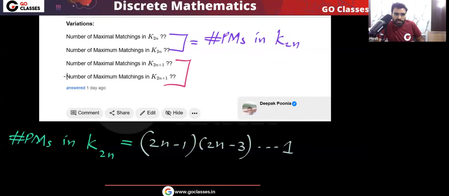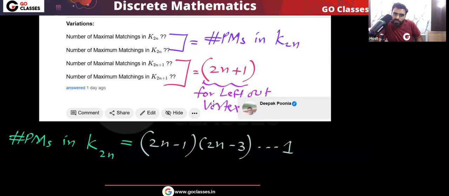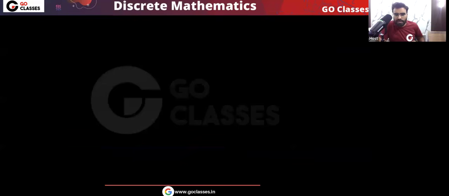Number of maximal matchings in K2n+1, number of maximum matchings in K2n+1, that will be equal to 2n+1 for the left out vertex, this is the left out vertex, right? Multiplied by the number of perfect matchings in K2n. Okay, that's it. Easy peasy. I hope you understood.